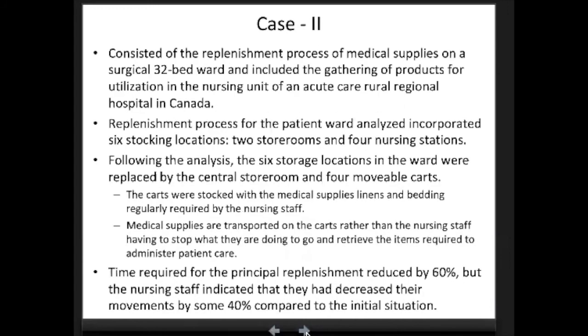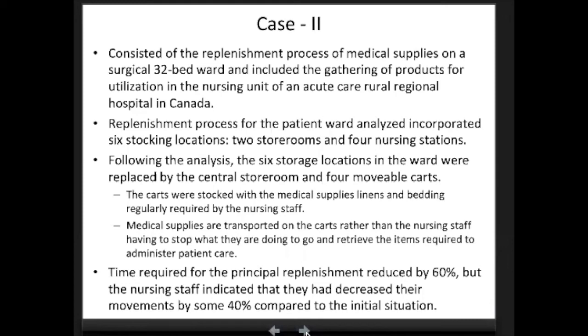The second case study that they present is one which consisted of the replenishment process of medical supplies on a surgical 32-bed ward, and included the gathering of products for utilization in the nursing unit of an acute care rural regional hospital in Canada. So to manage that replenishment process, they analyzed it.